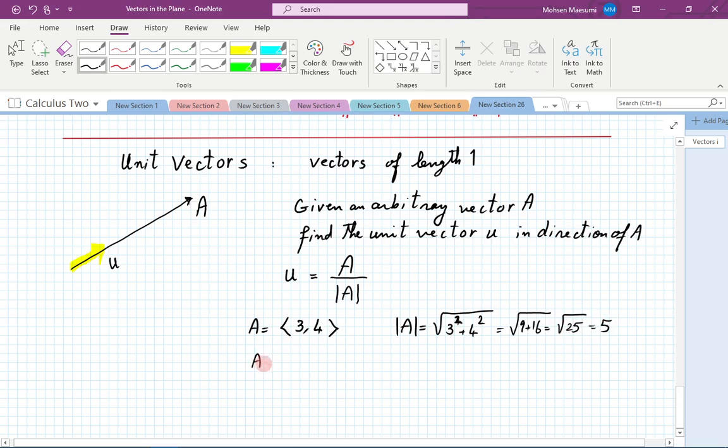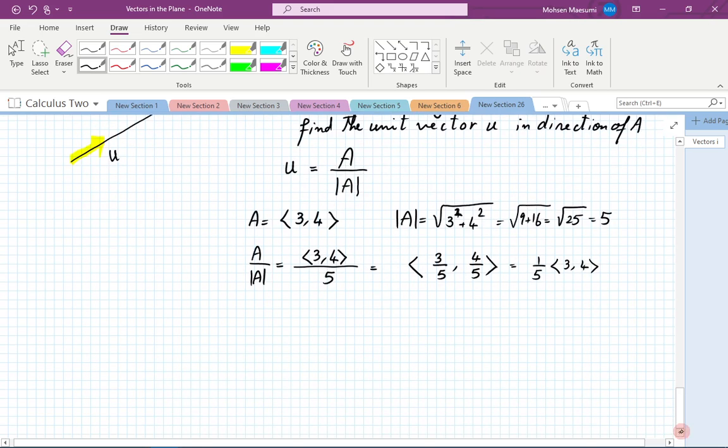So A divided by the length of A means (3, 4) divided by 5. It's typically written by dividing through to get 3/5 and 4/5, or you can leave the 1/5 outside. This is another alternative for writing it, and perhaps cleaner by factoring it outside. So that's a unit vector in the direction of a vector.